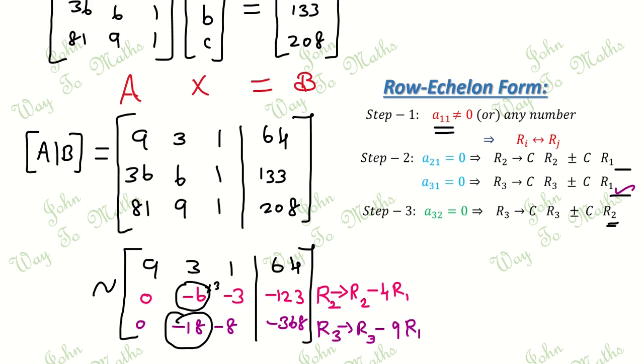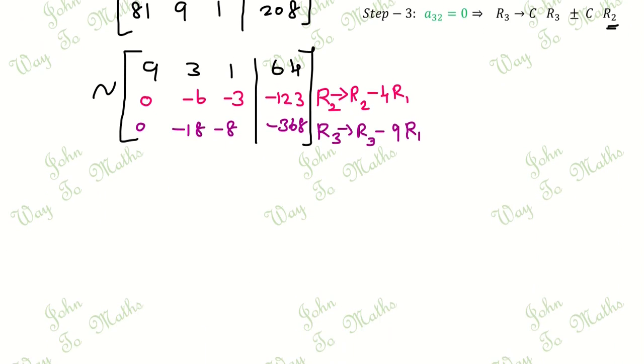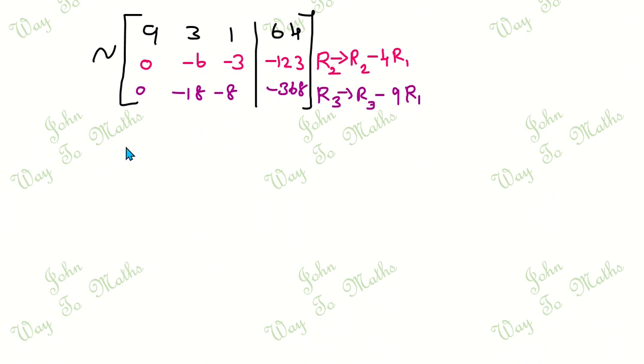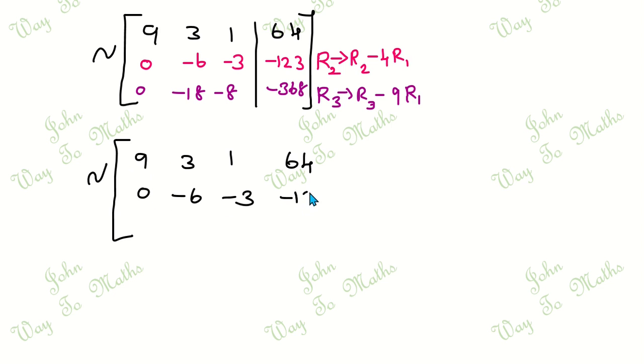So next step, the first row and the second row we can keep as they are. Which is equivalent to: first row becomes 9 3 1 64, then second row becomes 0 minus 6 minus 3 minus 123. Now we change only the third row.